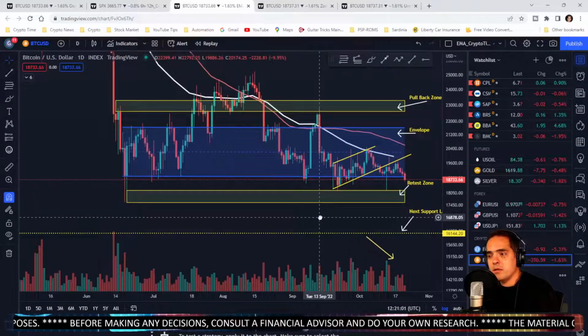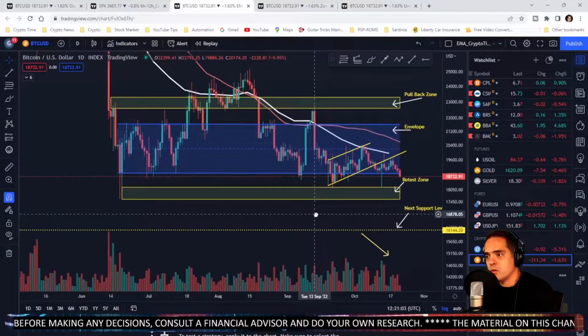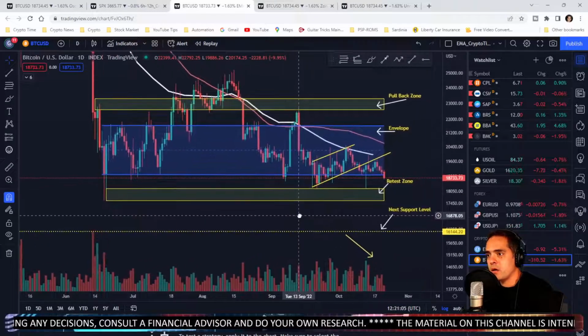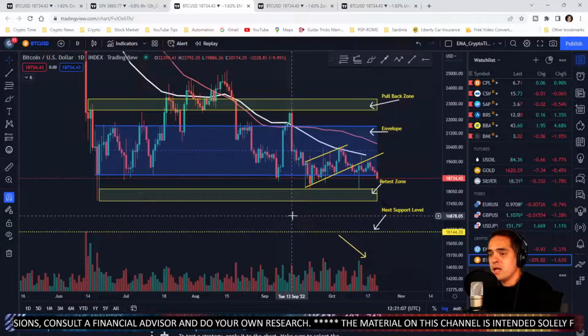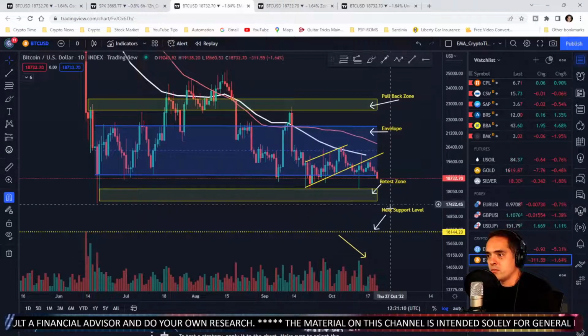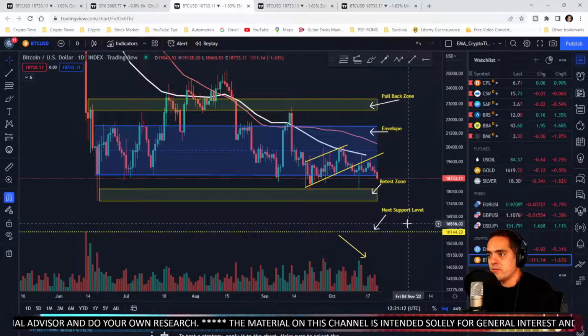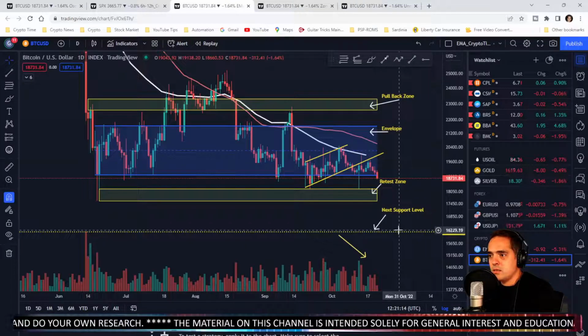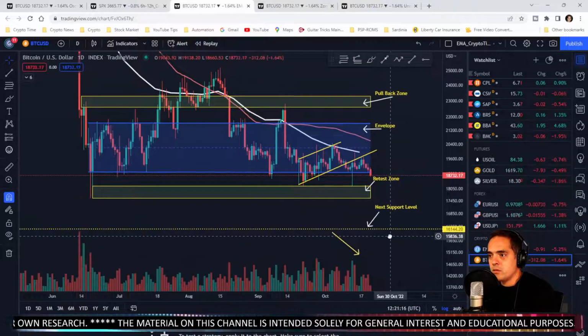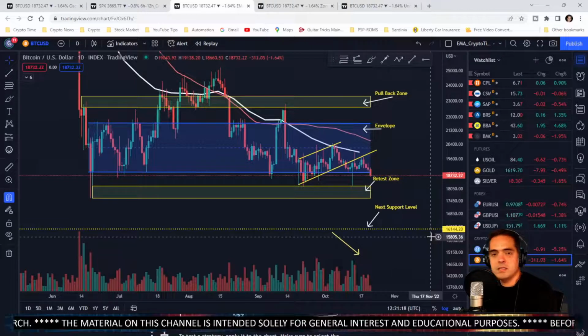It hasn't been retested yet, so let's keep our eyes on that retest zone. And then if we lose that zone, then we go to the next support level, which is this yellow dotted line here at 16K.